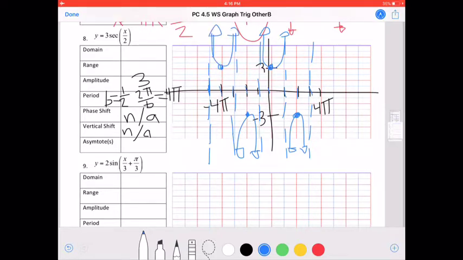If we had a vertical shift or phase shift, this would be slightly different. But here, everything's pretty easy because we don't have any shifts. So here we have 2 full cycles because we have upwards facing, downwards facing, upwards facing, and then downwards facing. So now we can go back in our range. If we look at our graph, all the way at the bottom, we're starting at -infinity.